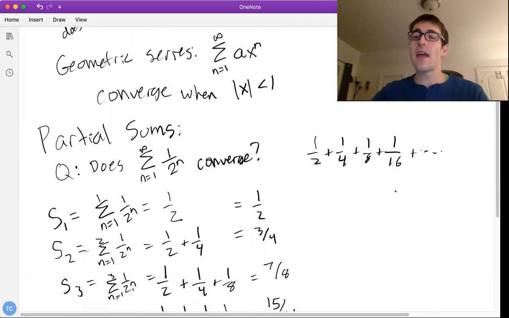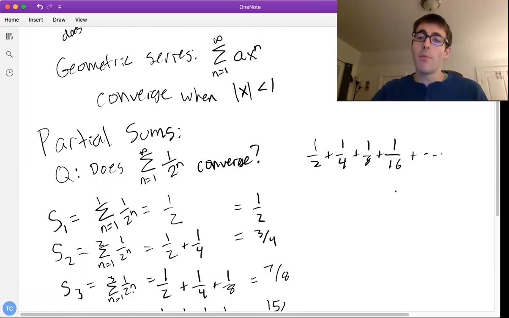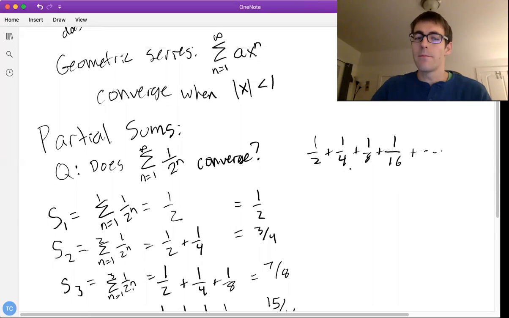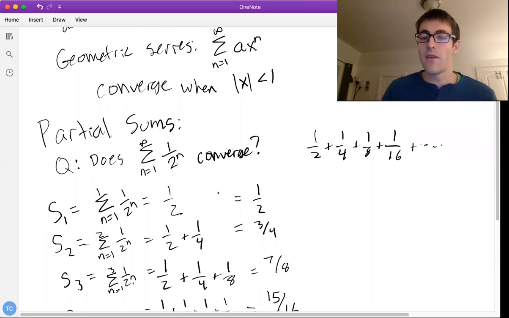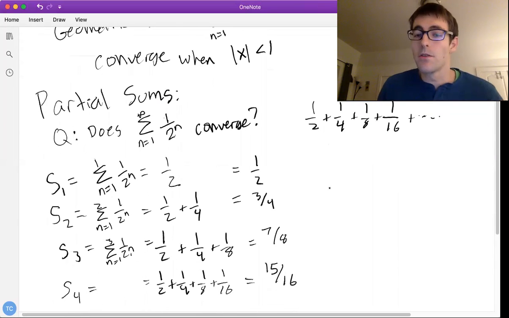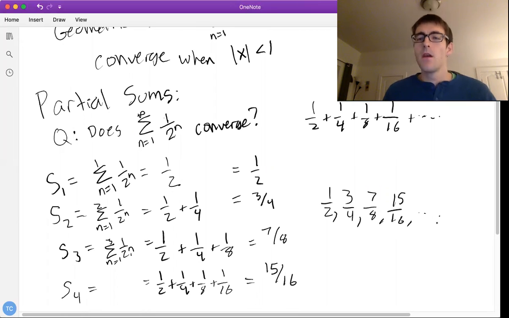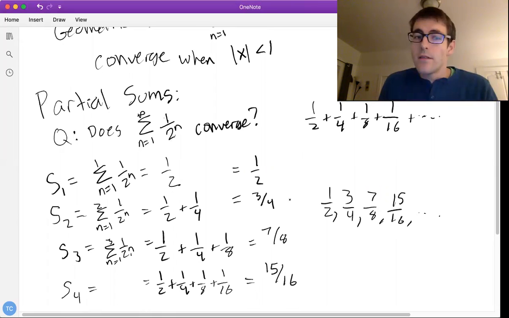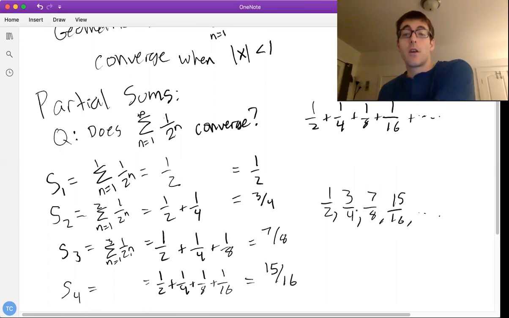To answer this, we're looking at a new sequence that we're coming up with, which is going to be taking this a piece at a time. The sequence is the list of numbers 1/2, 3/4, 7/8, 15/16, etc. So the question of does this series converge ends up being the same as does the sequence of partial sums converge?